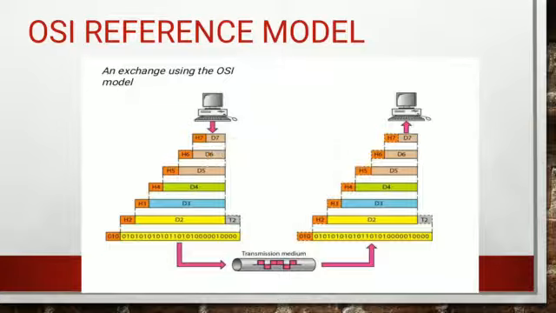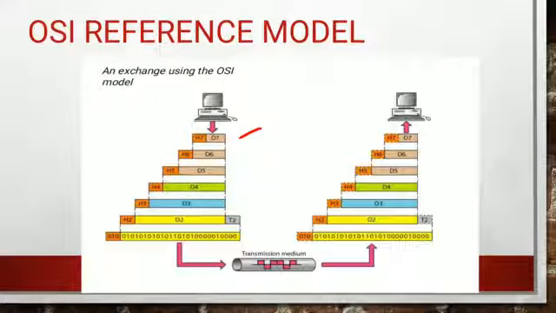Here is the OSI reference model, showing how the data is there in each and every layer. The layers are arranged like this, and the first one represents the application layer. Here the data is there along with the header value. This is the encapsulation process of the OSI reference model. Encapsulation means wrapping up data into a single unit.